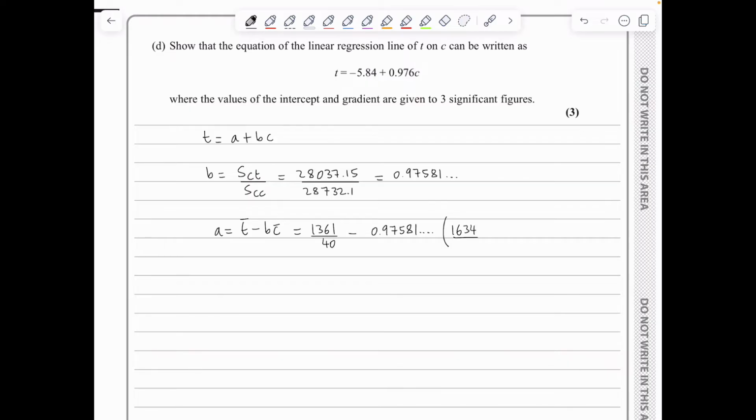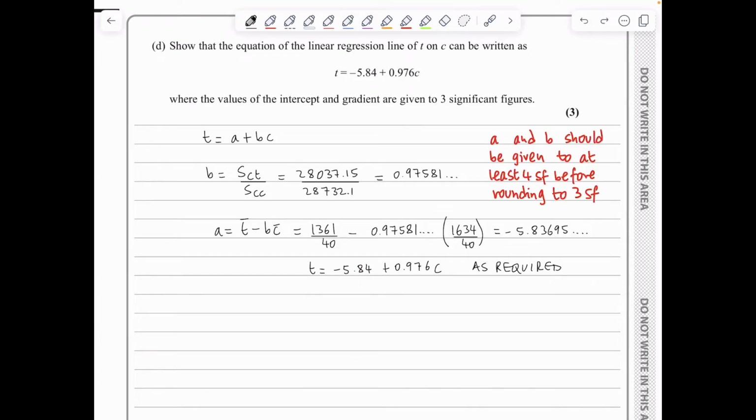Plug this on the calculator, get minus 5.83695 dot dot dot, and therefore we conclude that t is minus 5.84 plus 0.976C as required. Please note that when you write out the values of b and a, you should be giving them to at least 4 significant figures to justify the rounding to 3 significant figures and therefore the agreement with the answer given in the question itself.